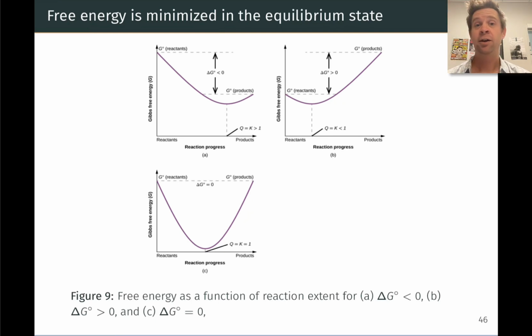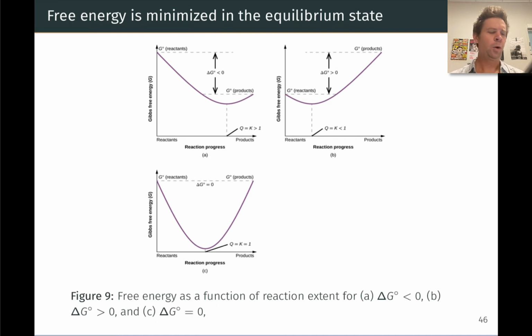ΔG, remember, for the equilibrium state is 0, since the equilibrium state is already nature's end state, and it's not possible to extract any more free energy out of a chemical system that is at equilibrium. These graphs essentially make these points.